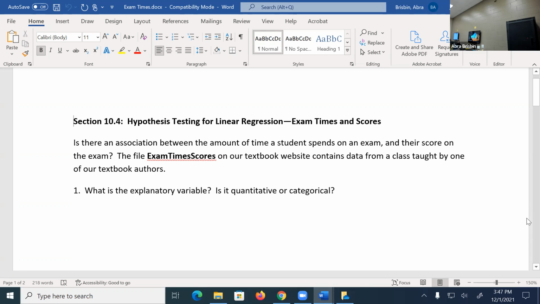Because of the shape, it's within the gray.